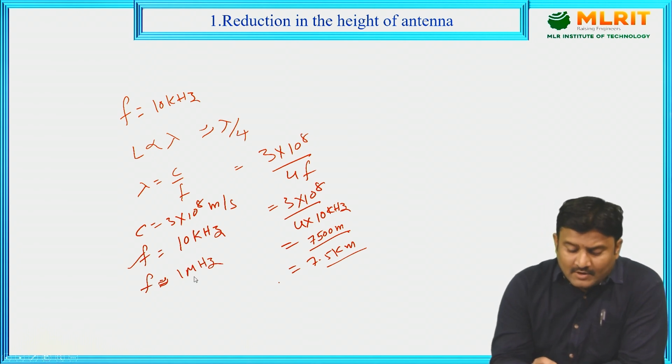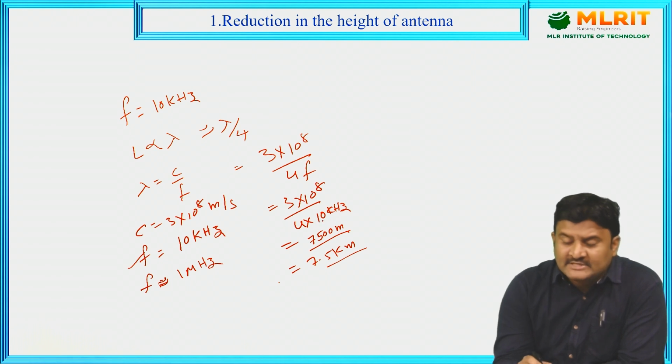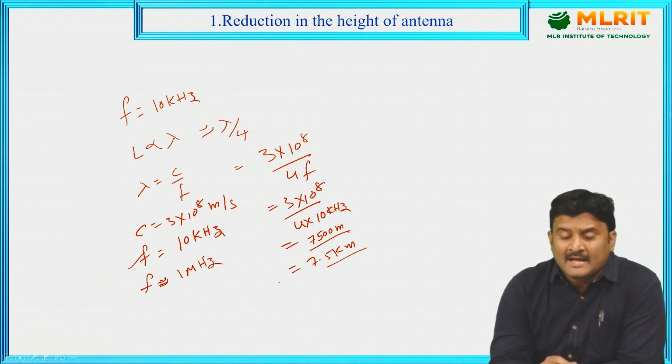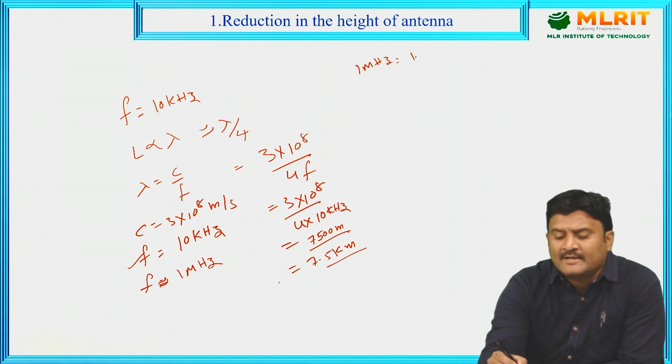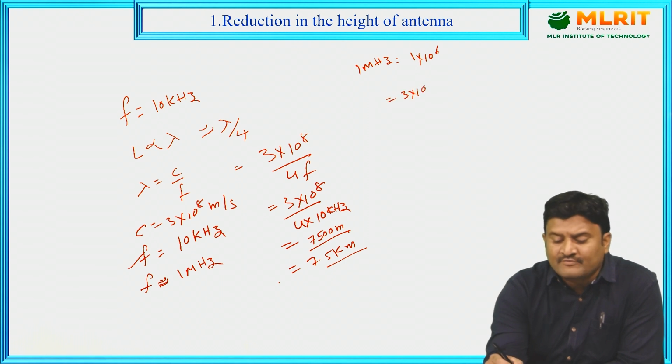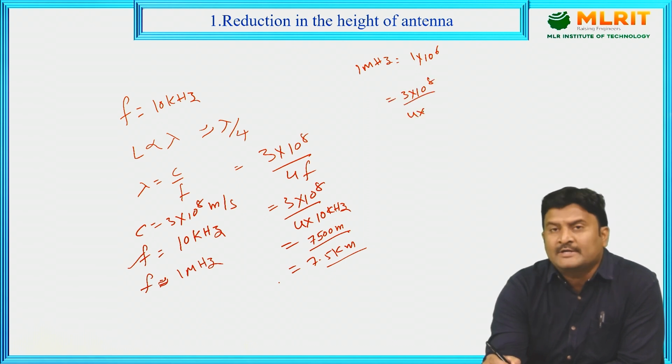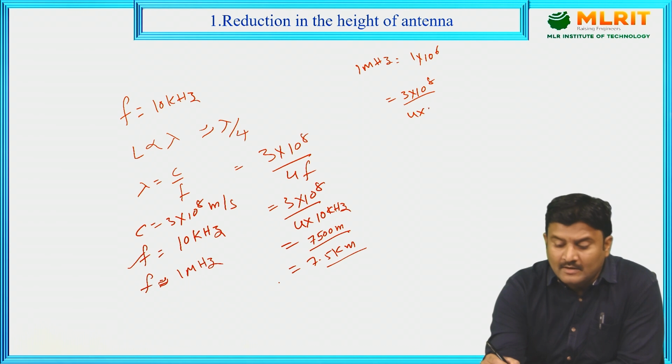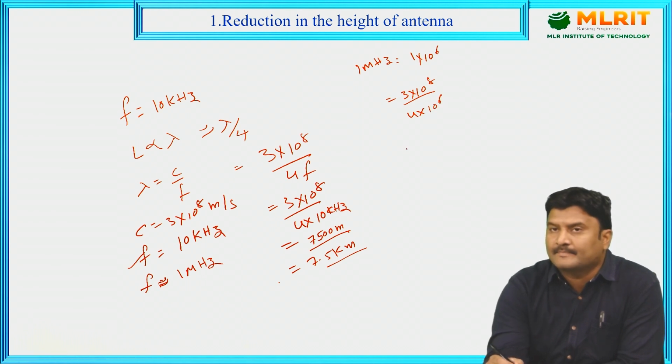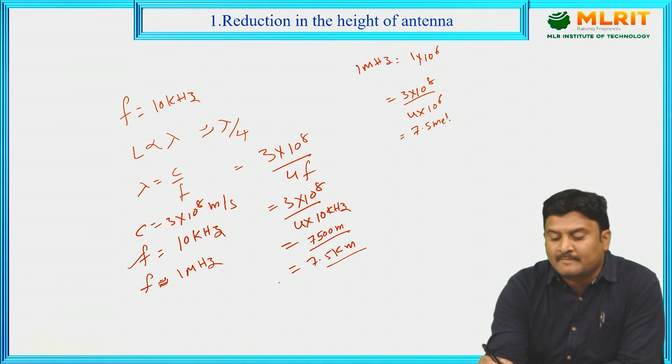Then observe, if you replace this 10 kilohertz with 1 megahertz, which is 1 into 10 power 6 hertz, you can substitute the value. That means 3 into 10 to the power of 8 by 4 into 10 power 6, which is approximately 7.5 meters.